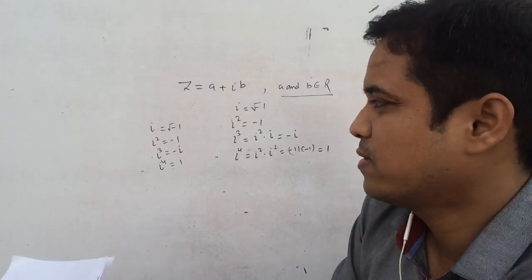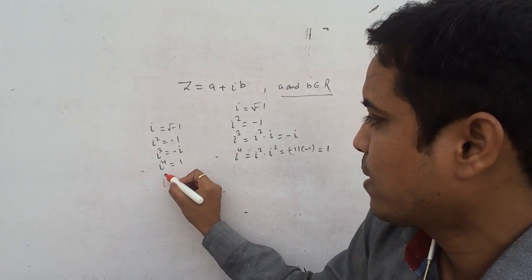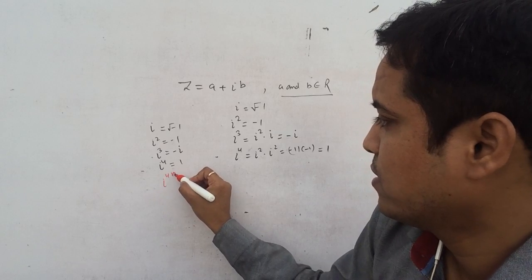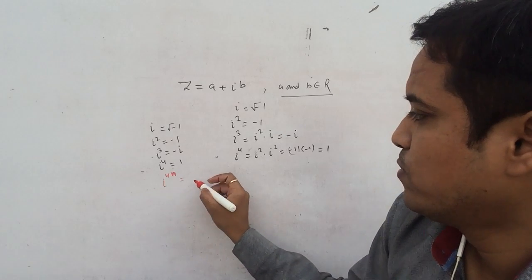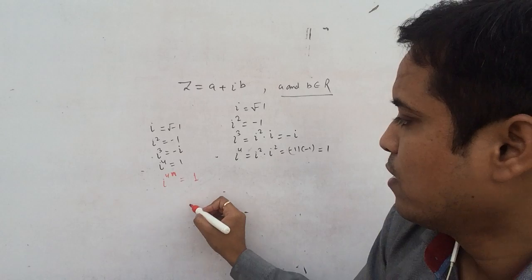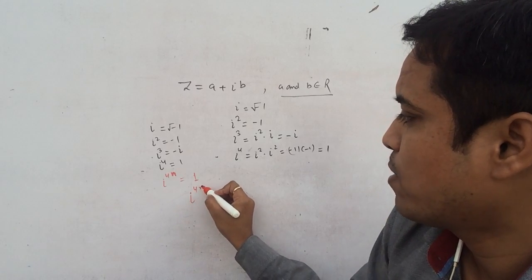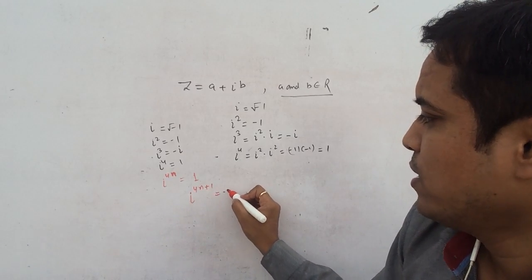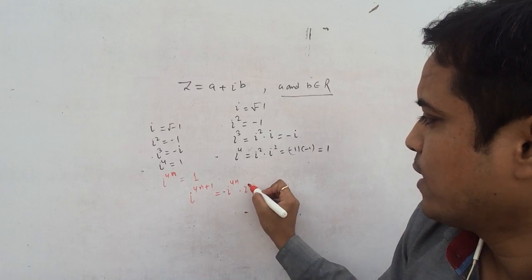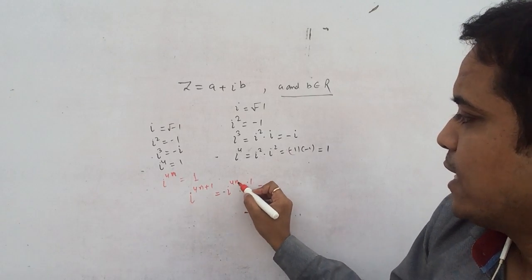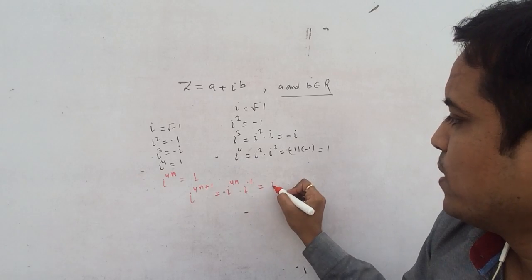What can you say about i raised to power 4n, a multiple of 4? It would again be 1. What would i raised to power 4n plus 1 be? It is i raised to power 4n into i raised to power 1, so it would be iota.